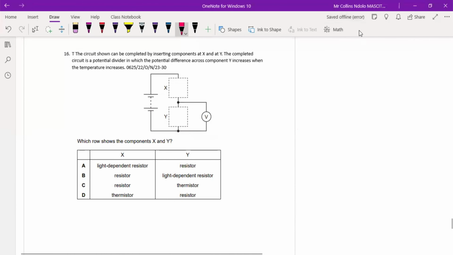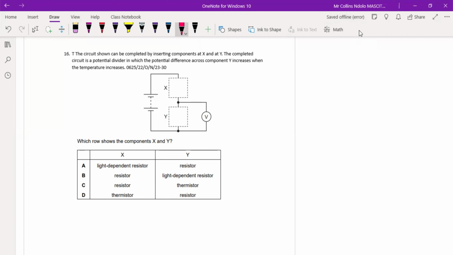Now, the circuit shown can be completed by inserting components at X and at Y. The completed circuit is a potential divider in which the potential difference across the component Y increases when the temperature increases. So this is October, November 2023, that is last year, variant 22. So which row shows the components X and Y?